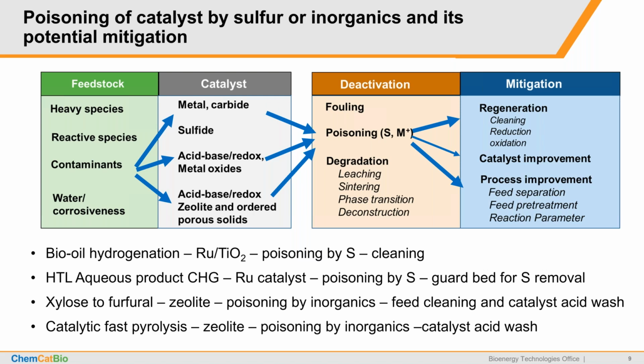One example is ruthenium catalyst, used in different applications, which can be poisoned by sulfur. This can be addressed either by regeneration to remove sulfur from the poisoned catalyst, or by removing sulfur from our feedstock. I'll give you a more specific example on this sulfur problem.